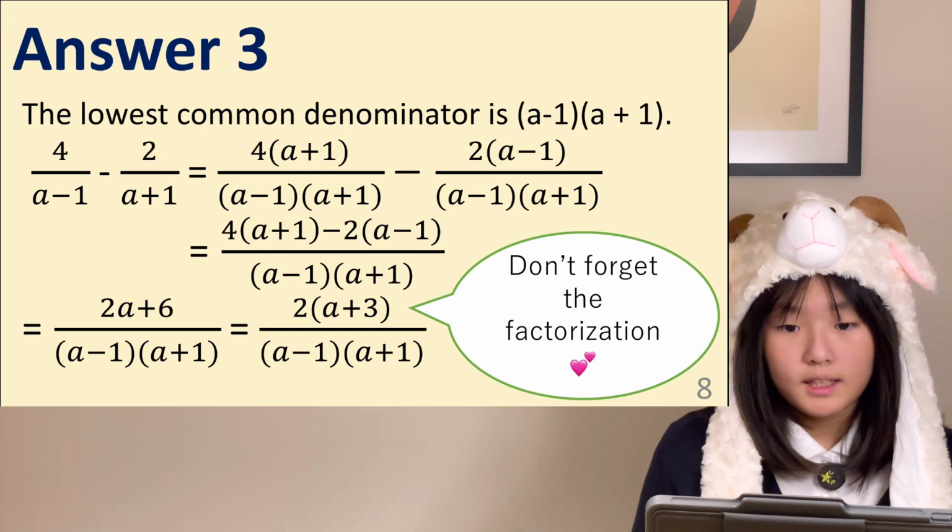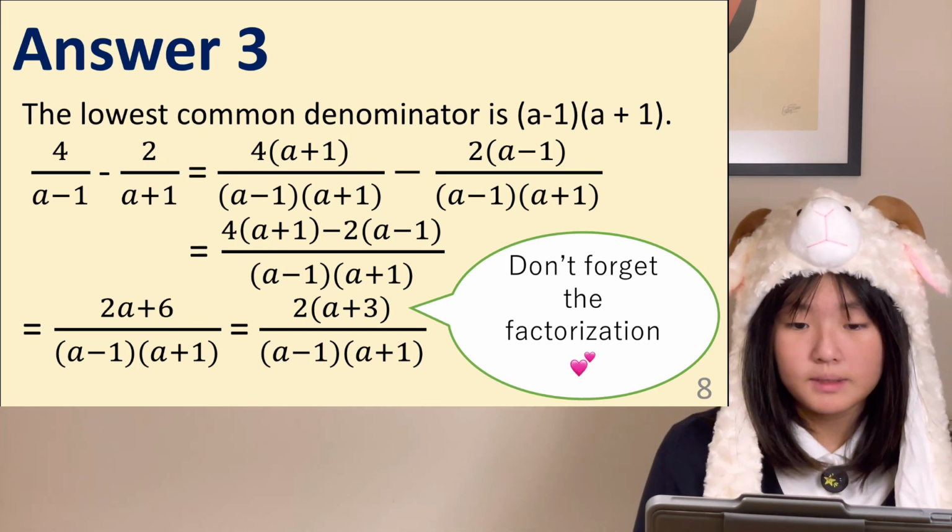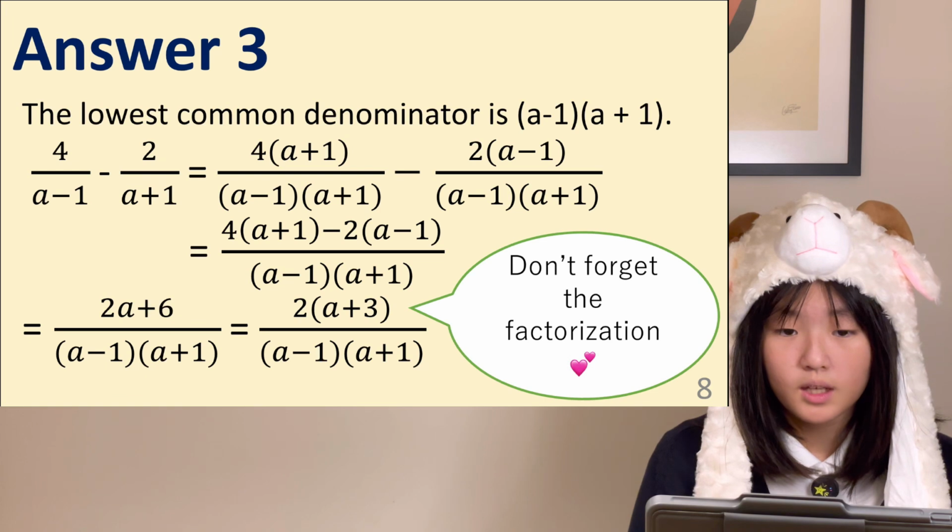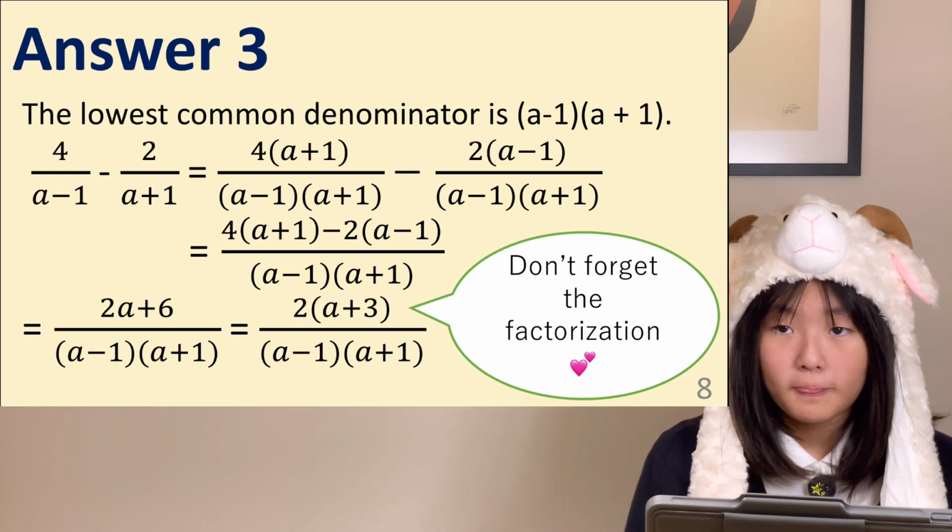And when you multiply these, it becomes 4 times a plus 1 over a minus 1 times a plus 1.